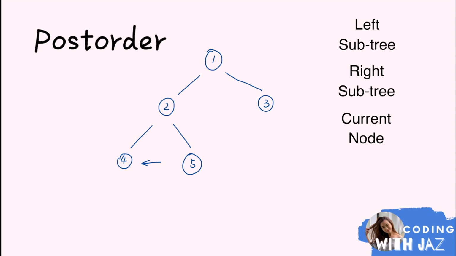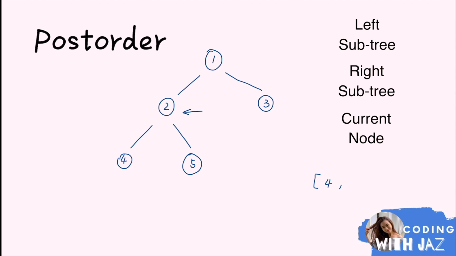So the post-order traversal of the subtree of node 4 is going to be null, null, 4, because node 4 is going to be after traversing through its children, which in this case are null, so we're only recording its own value. And then we go back to its parent and check if its parent node has a right child, which in this case it does.